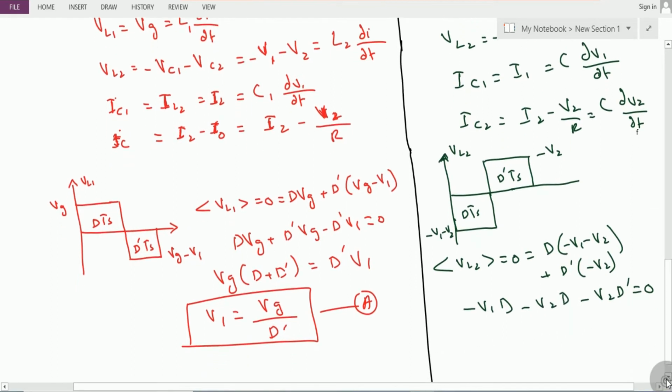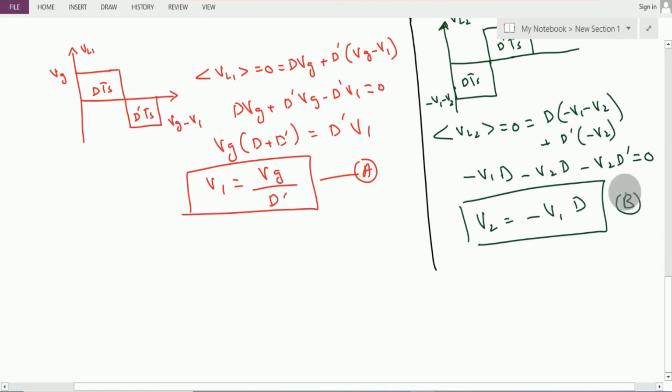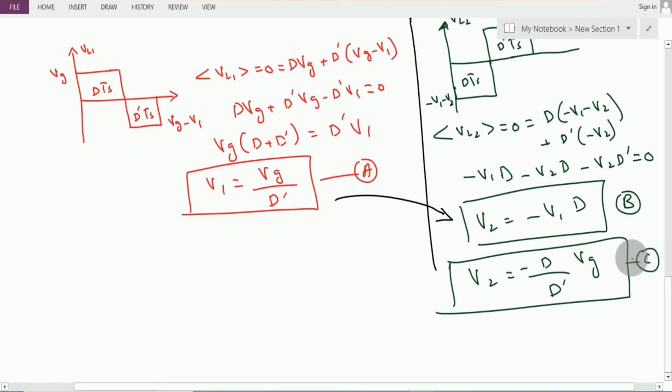If I expand this equation, then I get V2 equal to minus V1 D, and that is my equation number B. Now if you plug in the value of A into equation B, then V2 becomes equal to minus D over D dash times Vg. So here we obtain the value of V2 as a function of the input voltage, which is Vg.